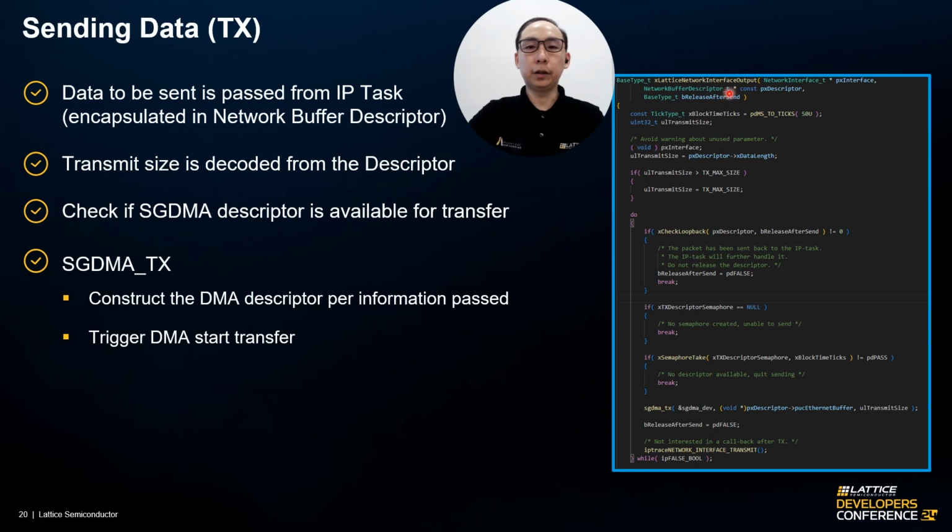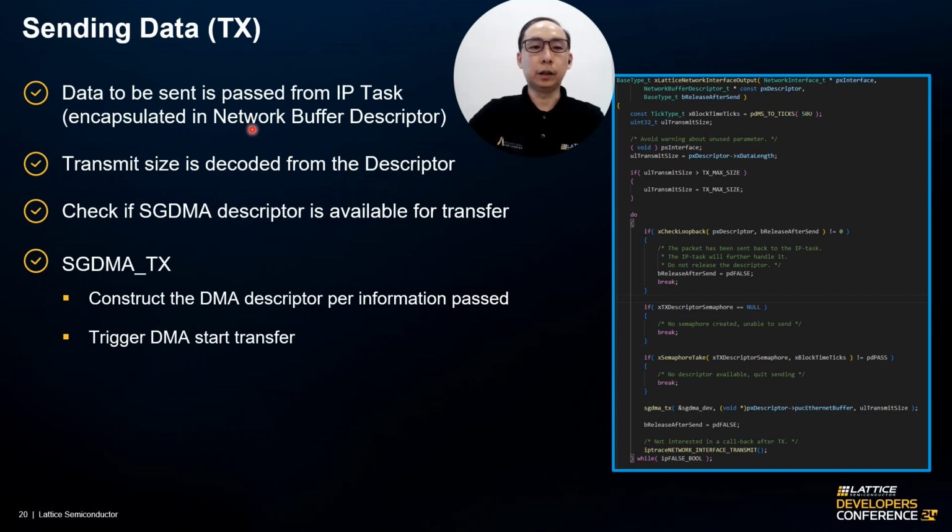The network interface output API in the network interface layer is responsible for sending the Ethernet data. Ethernet data to be sent is passed from the IP task, where it is encapsulated in the network buffer descriptor.